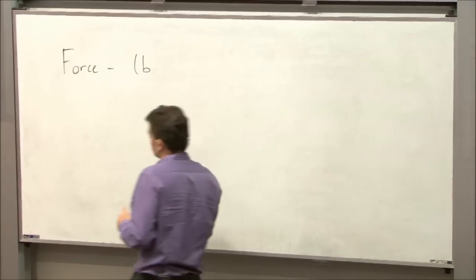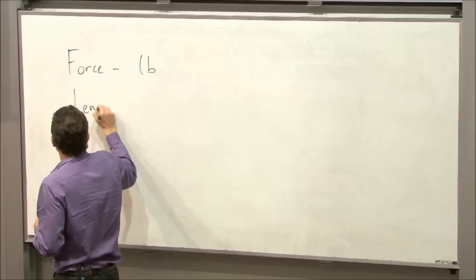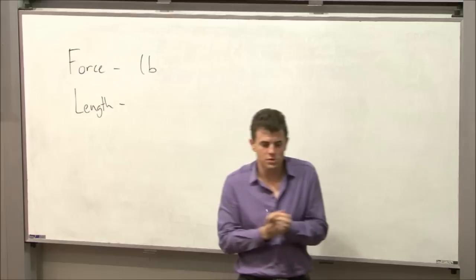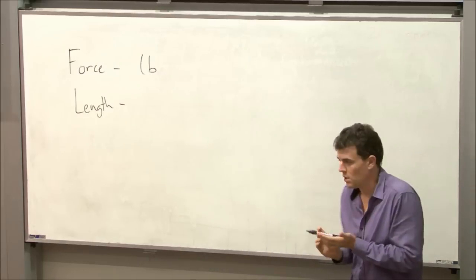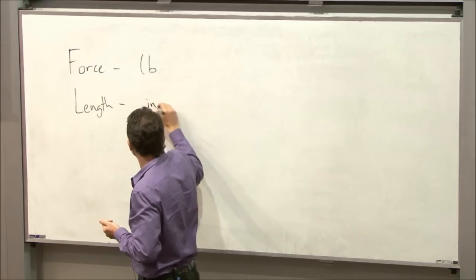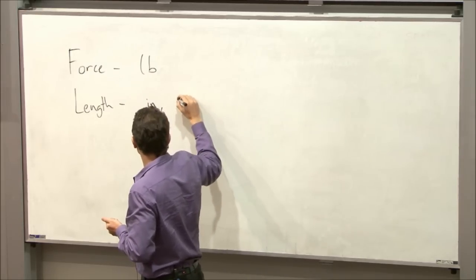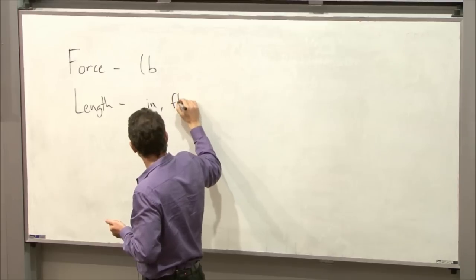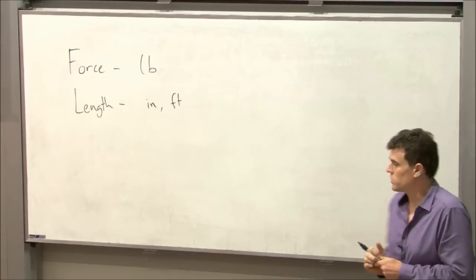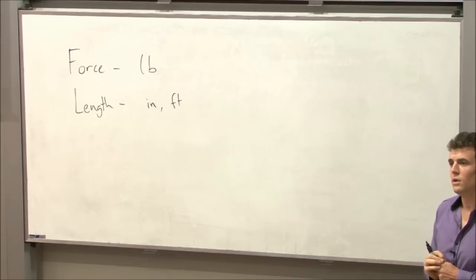The length unit, just like in SI we might use meters or millimeters, can be inches or feet. We very, very rarely would use a yard, but in most cases it's inches and feet.